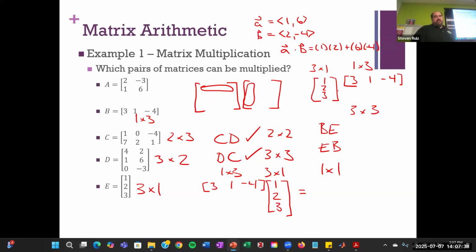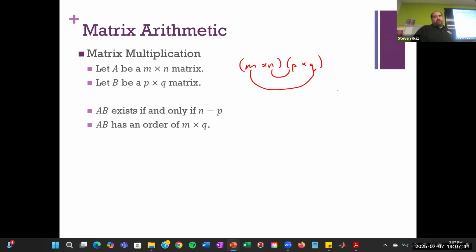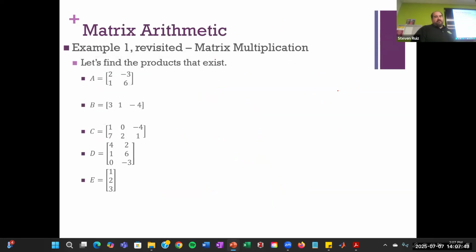So what on here doesn't work? Let's go back to it. We only got 3 minutes left, so let's find out which ones of these exist, and then we'll do some of them tomorrow.